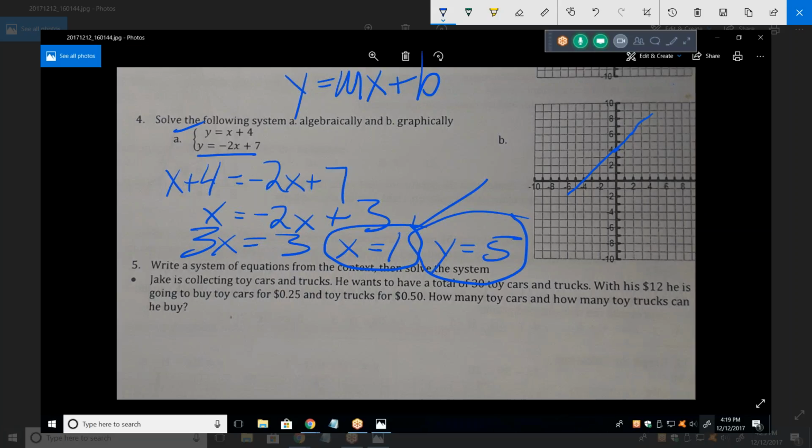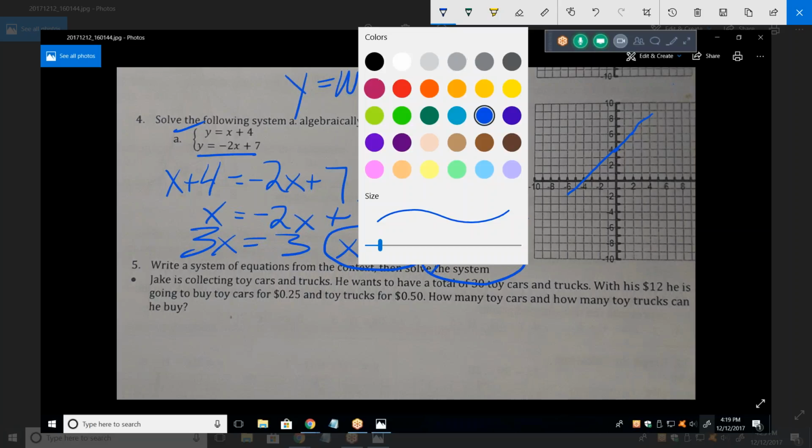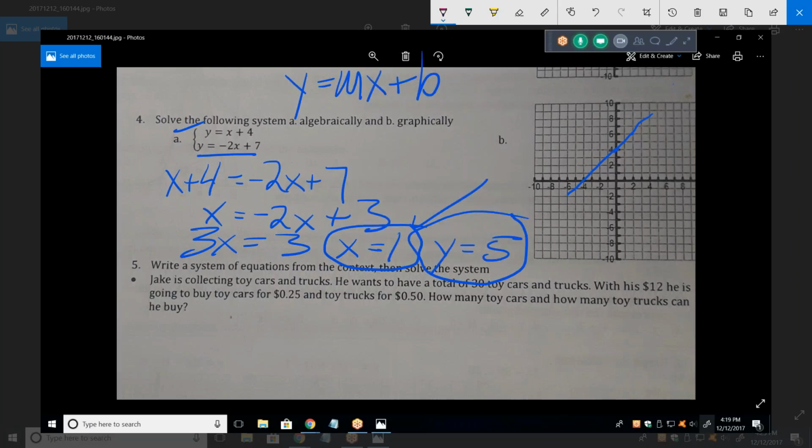Where do I start? The y-intercept is 7. Second point.